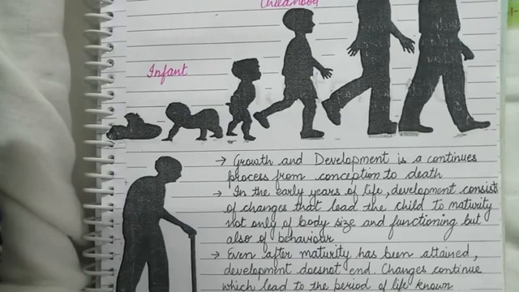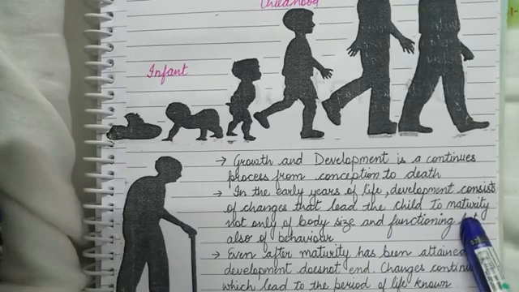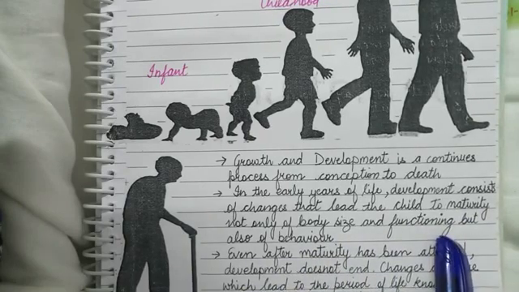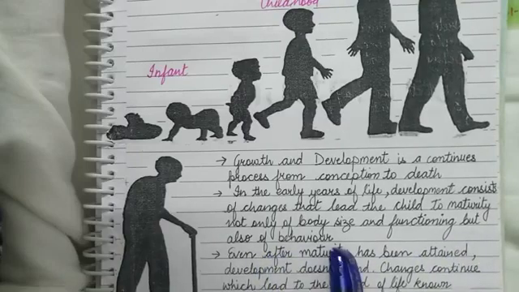In the early years of life, development consists of changes that lead the child to maturity, not only of body size and functioning, but also of behavior.